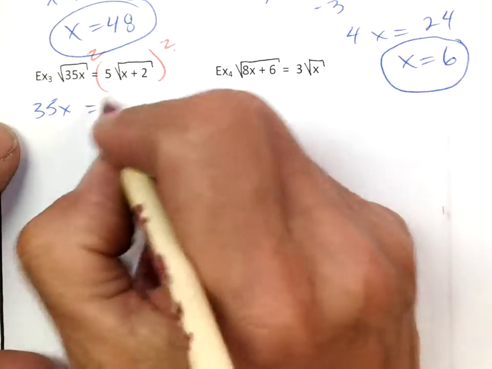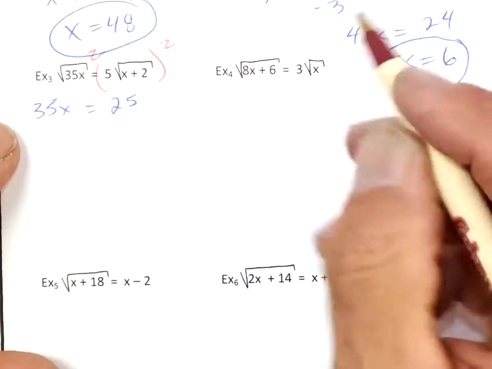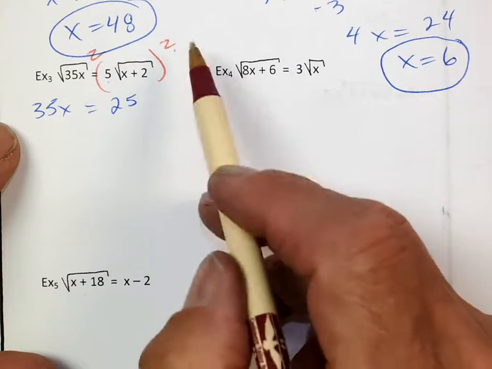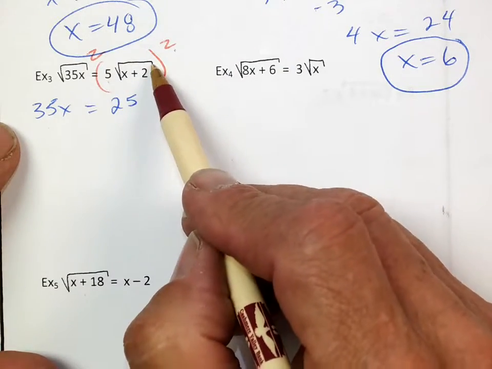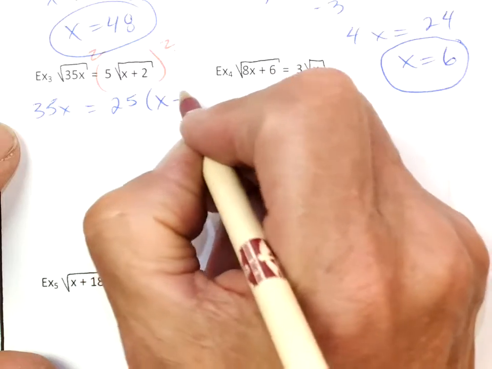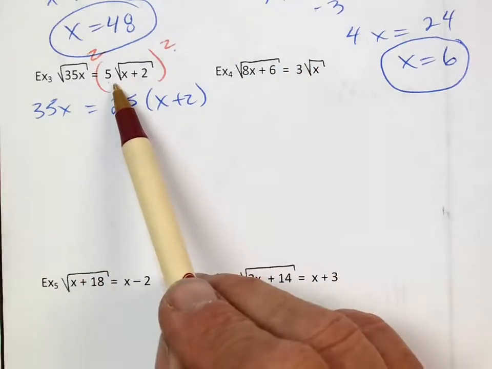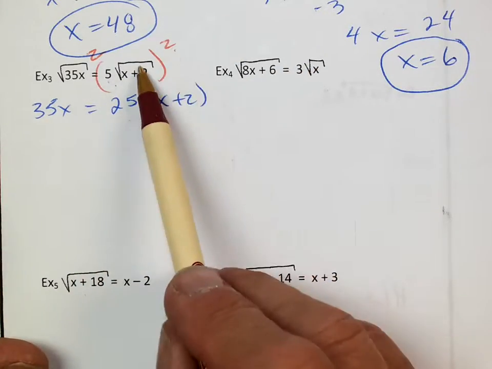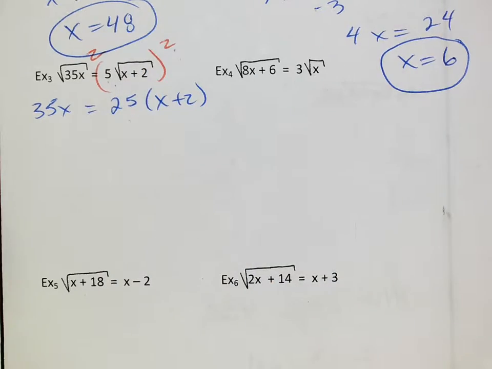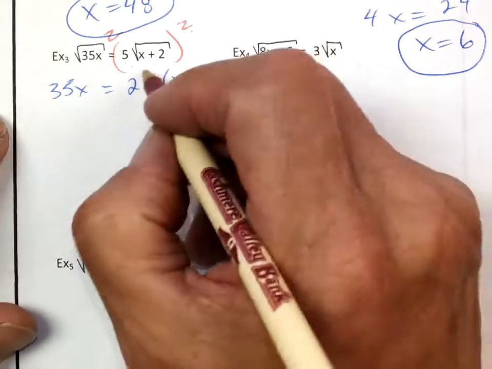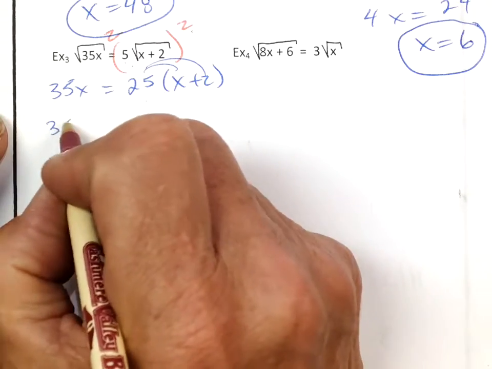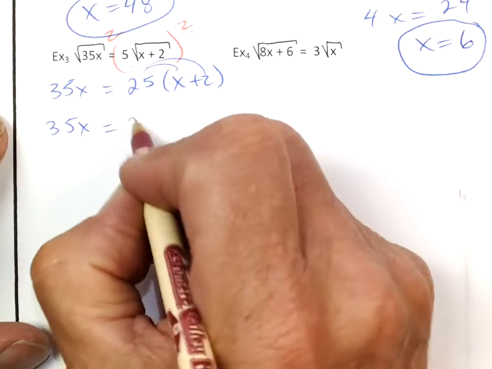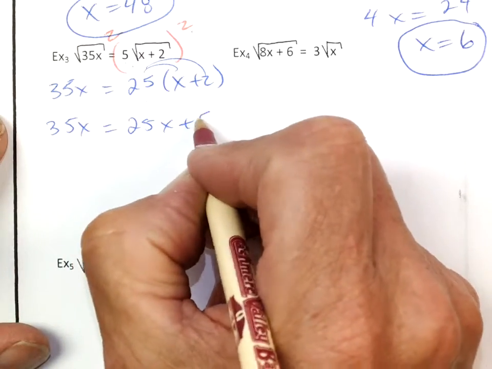So we've got to make sure we put a 25 right there. See the 25? But the square cancels the square root, x plus 2. So the square squared the 5, and the square canceled the square root, right? And then I'm going to distribute that times that times that. 35x equals 25x plus 50, right?